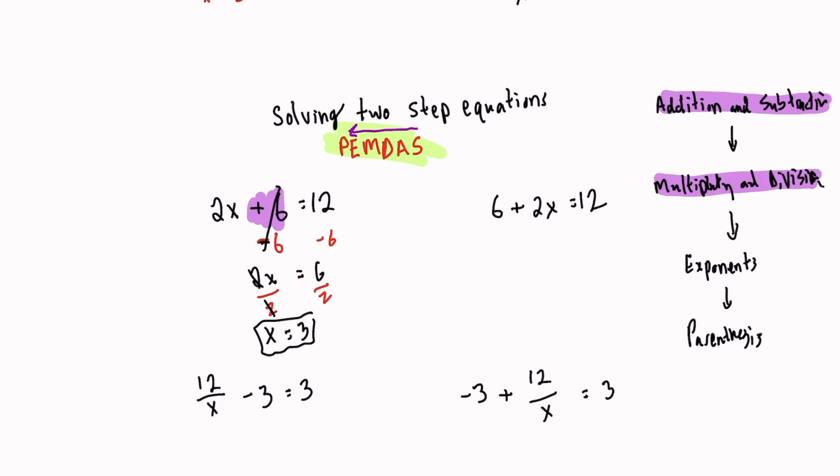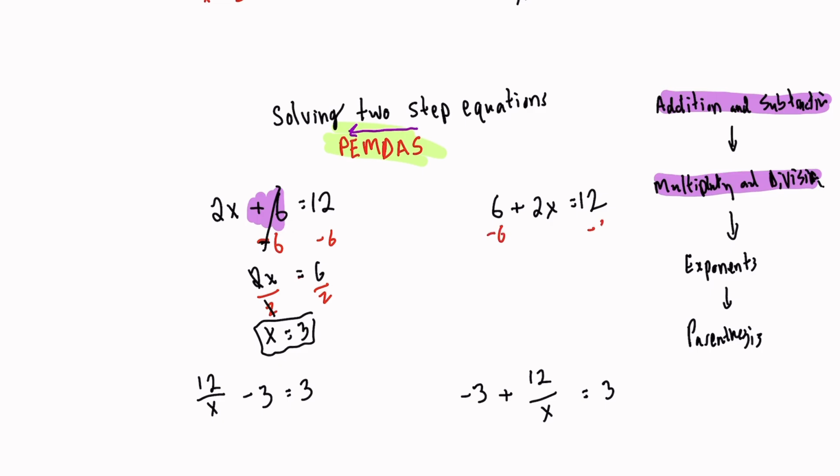To the right, we have the same basic equation, it's just the order that is different. Before we had 2x plus 6 equals 12. Now we have 6 plus 2x equals 12. That 6 out front is still being added to the 2x, so we have to get rid of that first. We subtract 6 from both sides.